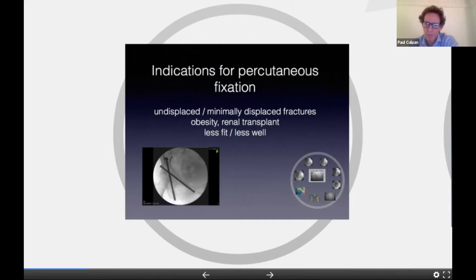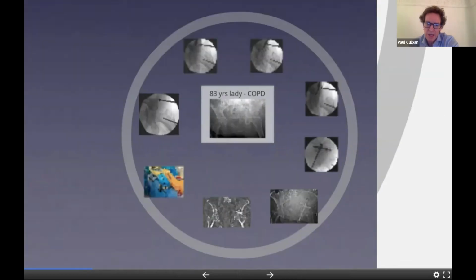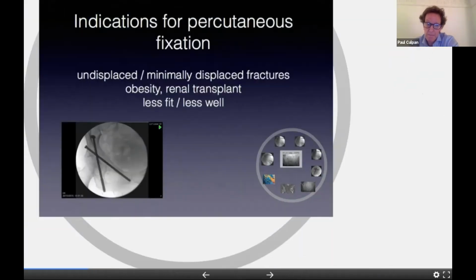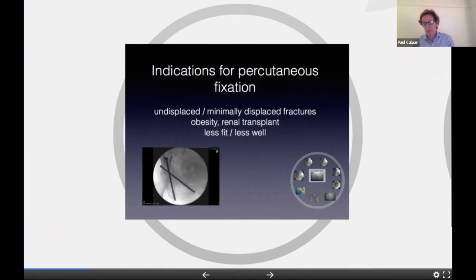What about percutaneous fixation? I think this is a really reasonable option in a small select group of patients. It's a really nice way of managing pain in the undisplaced fracture and permitting early mobility. It also has a role in the patient who is perhaps too sick for a bigger procedure and is not very mobile.